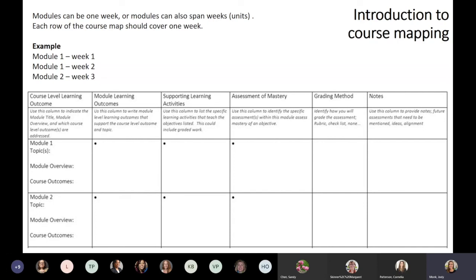So you'll see that first column has the module, the topics, a module overview, which is usually just a little bit to explain it. And then the related course outcomes. So we'll show you an example of this here in a moment, but typically we just have people list the number. So if your course outcomes are numbered above, you can just add the course outcome number below.